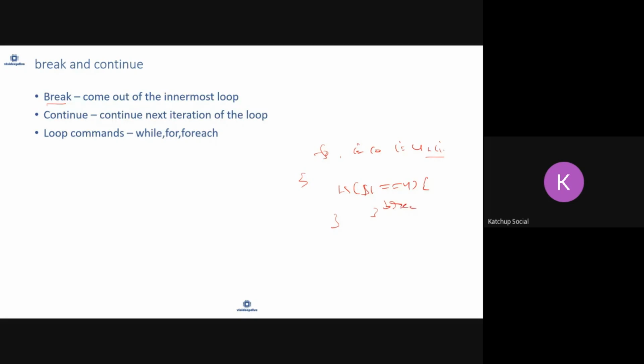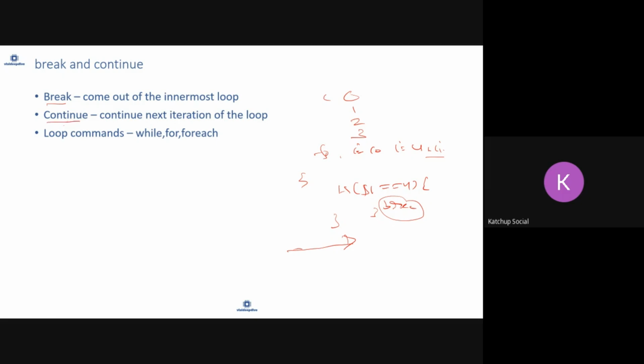It means it will start from i equal to 0, then go 1, 2, 3. But as soon as it says break, it comes out of the loop, and whatever is the first line after the loop, it will start executing. So it will come out of the innermost loop. Break means stop the loop, come out of the loop, and execute whatever is the next line after the loop.